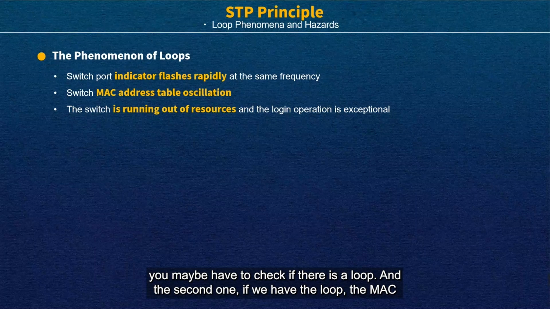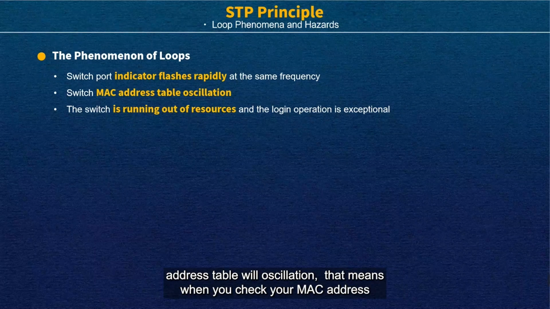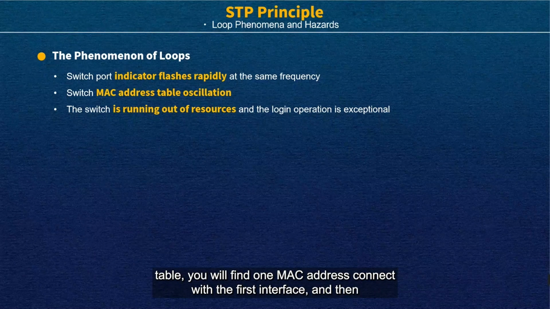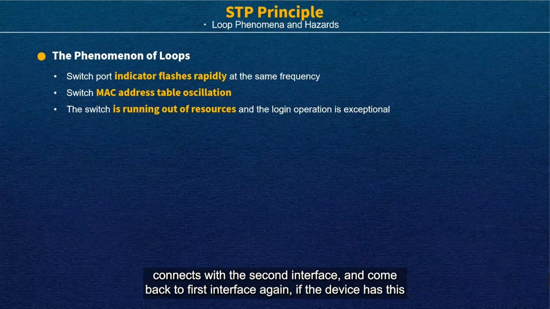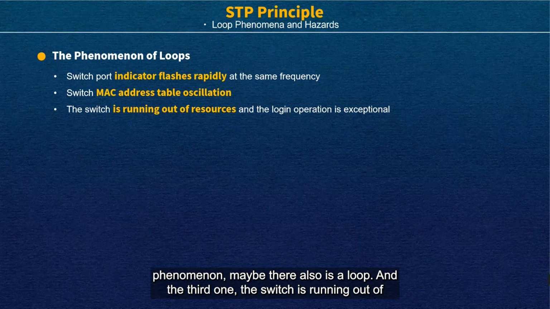The second one: if we have a loop, the MAC address table will flap. That means when you check your MAC address table, you will find one MAC address connected to the first interface, then the second interface, and then back to the first interface again. In this phenomenon, there may also be a loop.